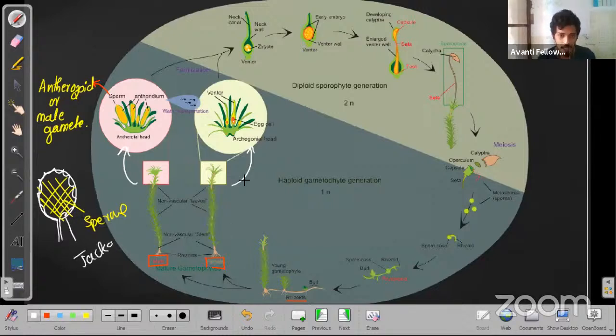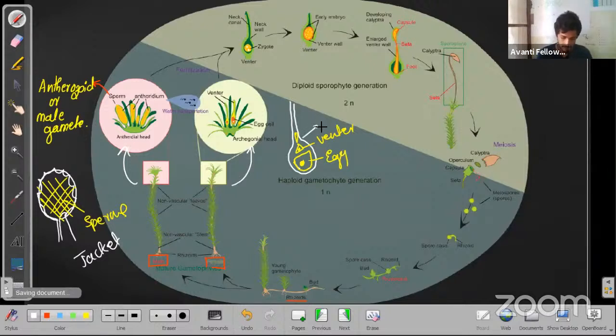Okay, so here I'm writing the same structure. Here our egg is present. This is the egg and this is the venter, and this outside structure we can call a kind of jacket.